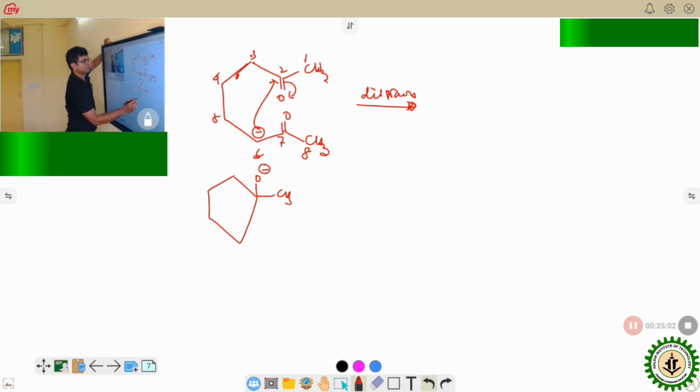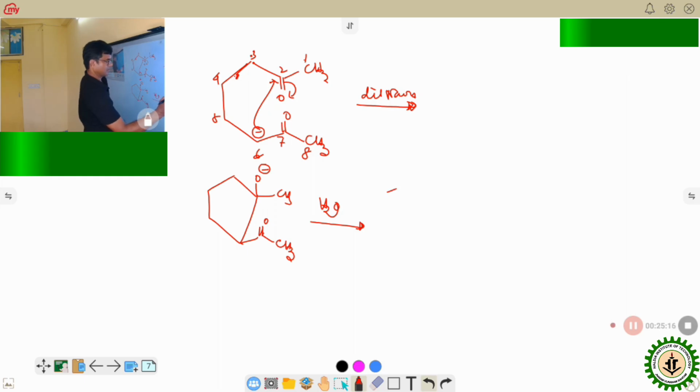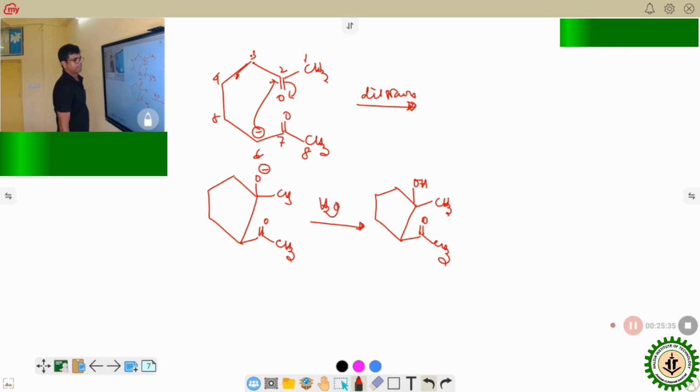After that it will take up a proton from the water molecule. It will form this ketone, an aldol, a beta hydroxy ketone.